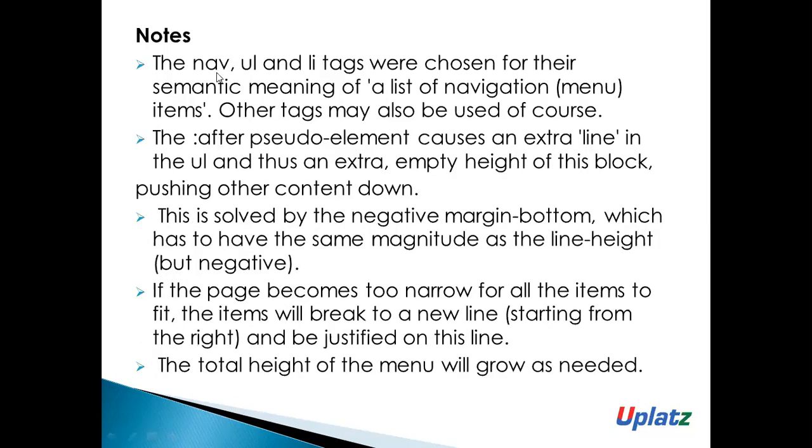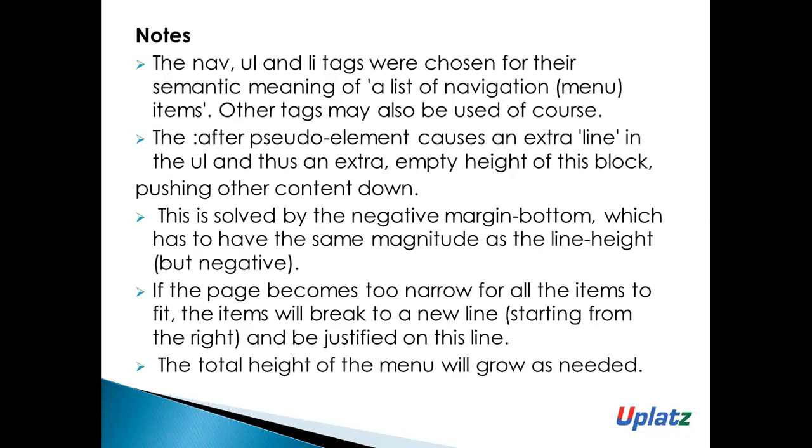You need to note the nav ul li tags were chosen for their semantic meaning, but other tags may be used. This after pseudo element can cause an extra line in the ul and then extra empty height in this particular block, pushing the other content down.